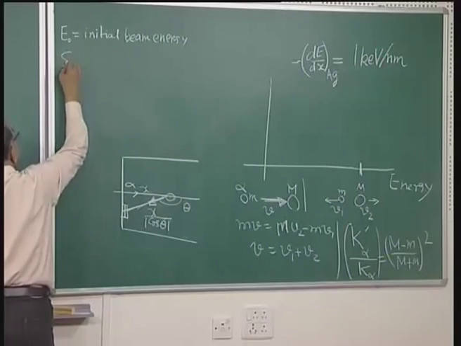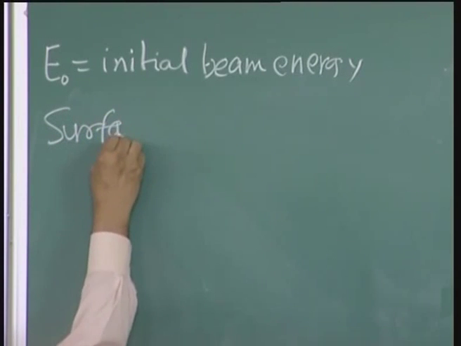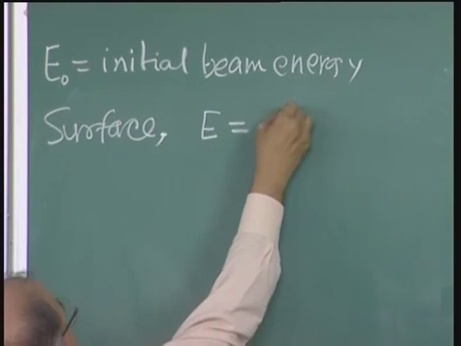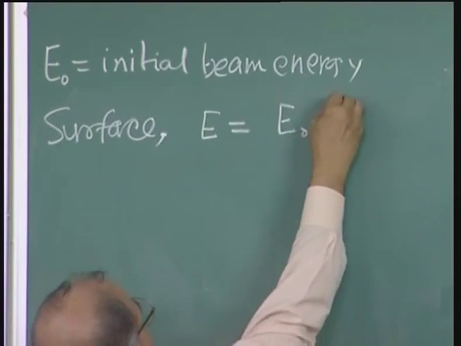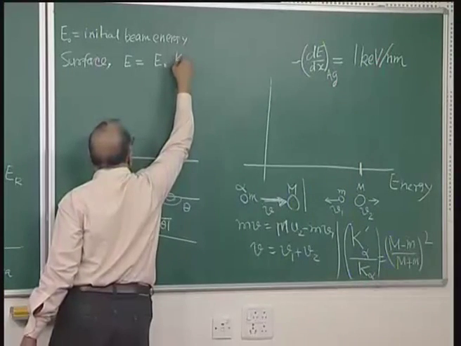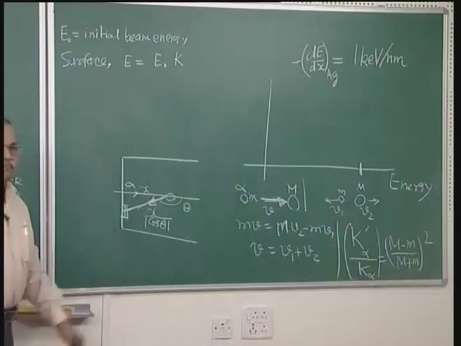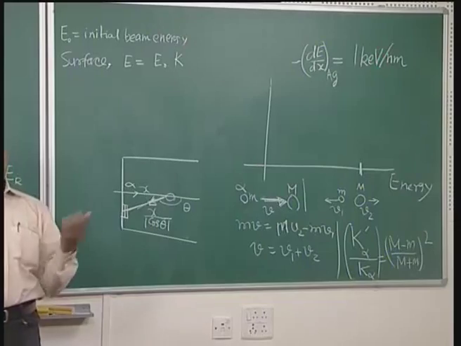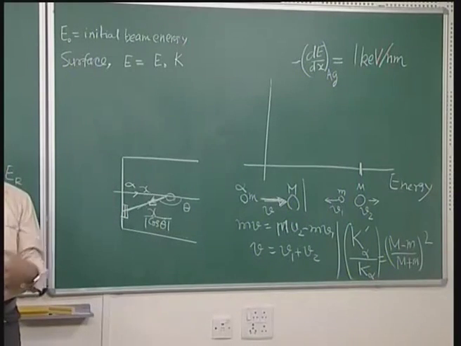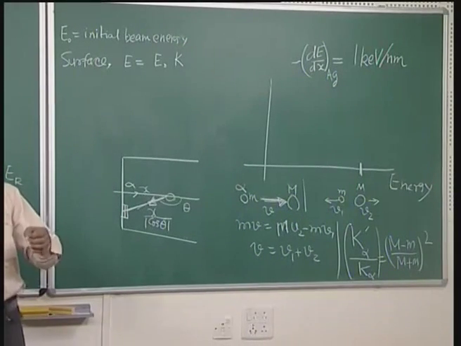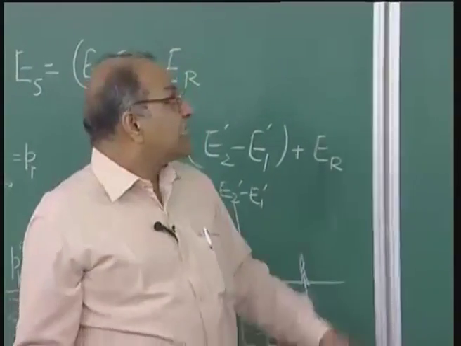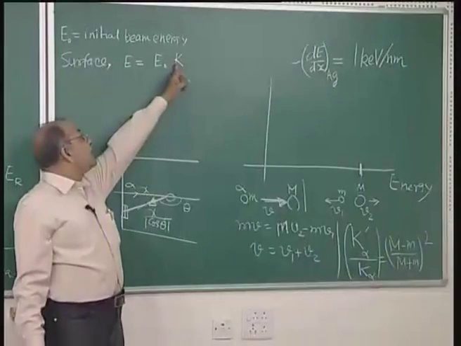Now, if it is coming from the surface, then the energy detected will be this E naught multiplied by that kinematical factor. It is called the kinematical factor. It depends on what the target nucleus is, what the projectile nucleus is, and at what angle it is coming, 150 degrees or 170 degrees. So, that will decide this kinematical factor k.